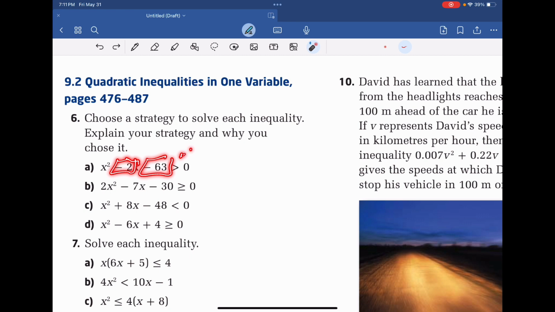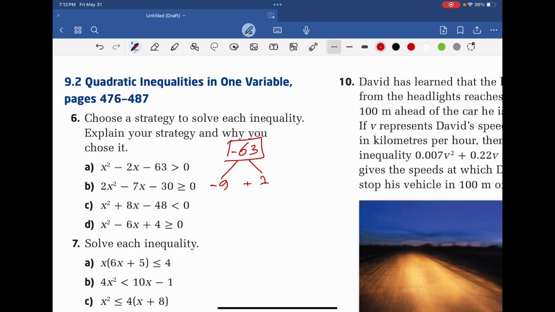How about 9 times minus 7? This is minus 63, but minus 7 plus 9 is plus 2, not minus 2. So the answer should be minus 9 times 7, and if you add them, it will give you minus 2, which is what we have here.